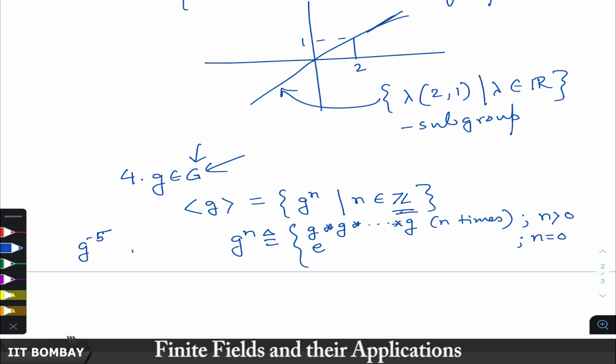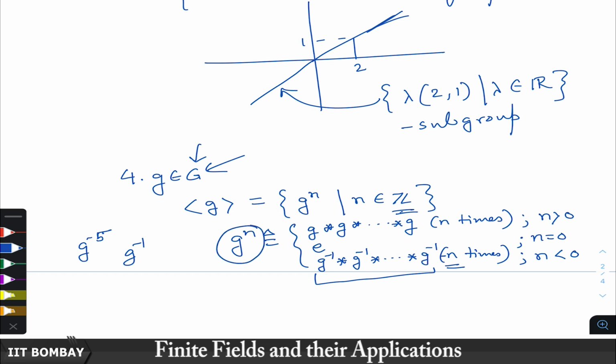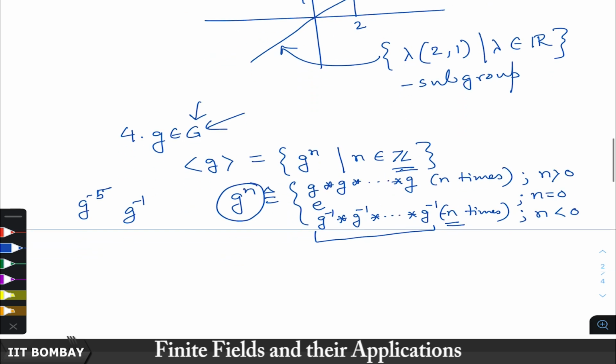What is g power minus 5? We know that G is a group, so there is g inverse in it also. g inverse is also an element in G. So, what we do is we take g inverse times g inverse times g inverse, minus n times when n is less than 0. If n is negative, then minus n is positive. So, we take minus n times the operation of g inverse with itself. That is the definition of g power n for n negative.